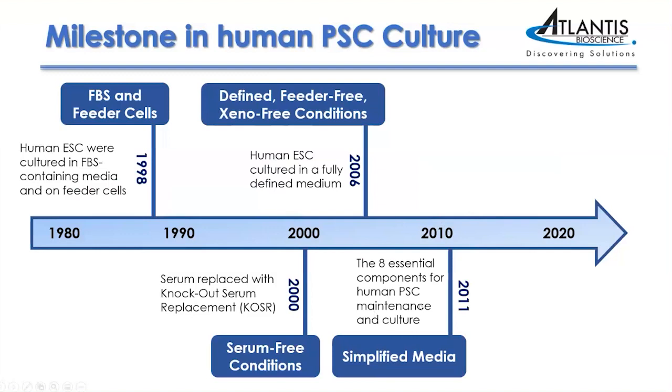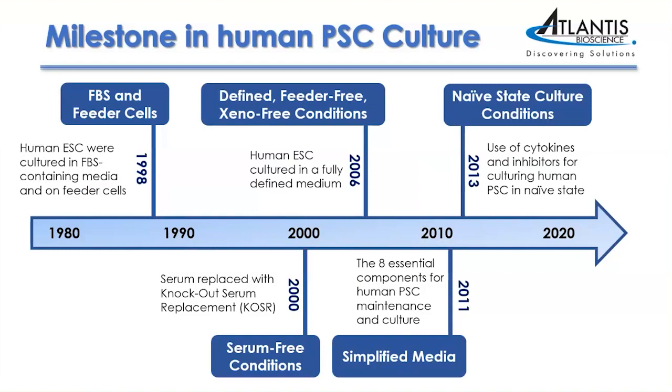Further progress in the study of the culture media then led to the formulation of these 8 essential components. However, one important thing to note here is that most of these culture conditions maintain the human pluripotent stem cells in the primed state because of the addition of FGF in their culture system.